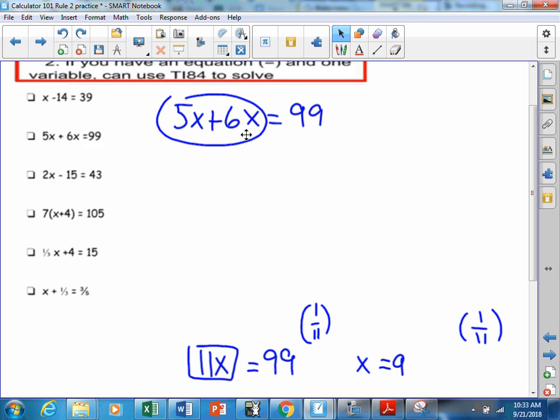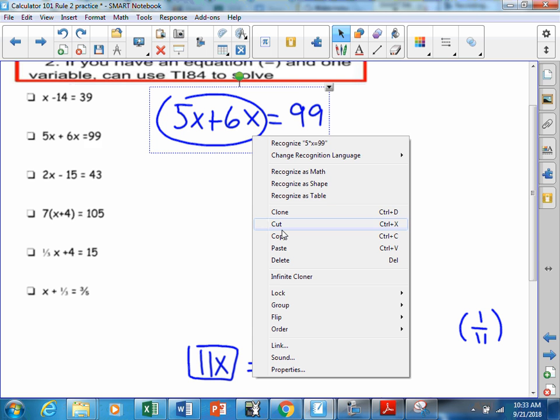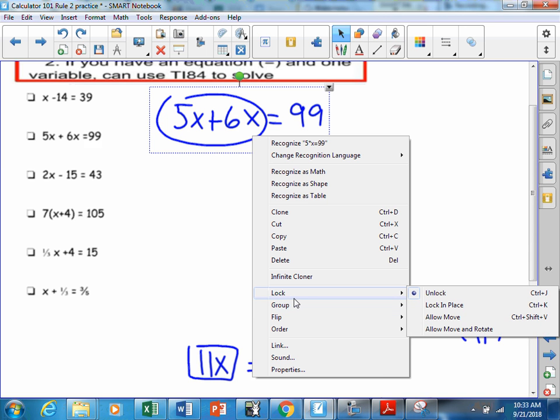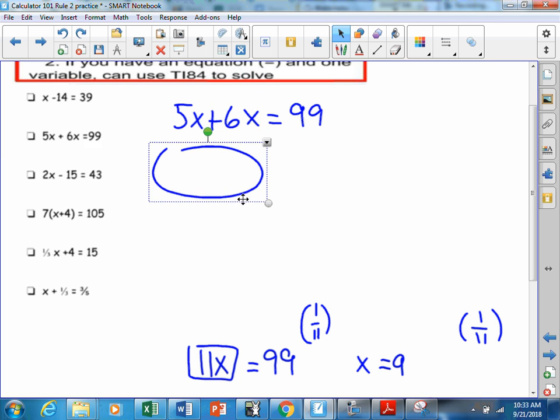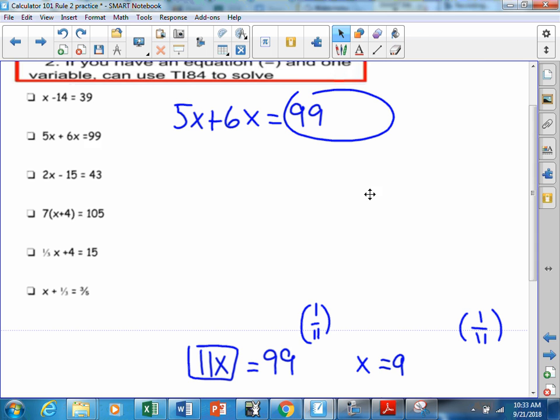Let me address that. Ungroup this. All right, that goes there. Yep. And we need a box. Okay. Here's a box. That worked. That's a box.